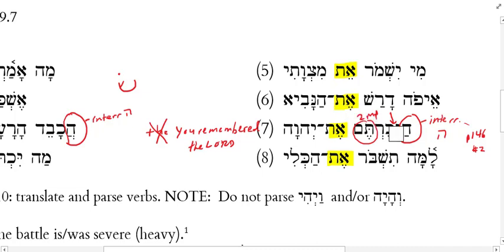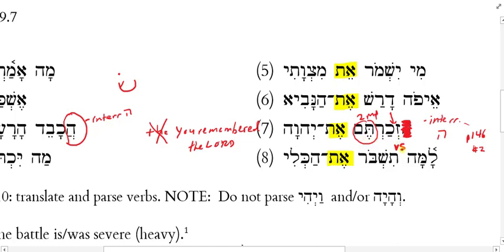So let's erase this for a second. Zakartem with a vocal shava is the normal way to point the 2MP perfect form of zakar, right? The heavy endings pull the stress to the end. This becomes open and propertonic, and it reduces the kametz, zakar, to a vocal shava.